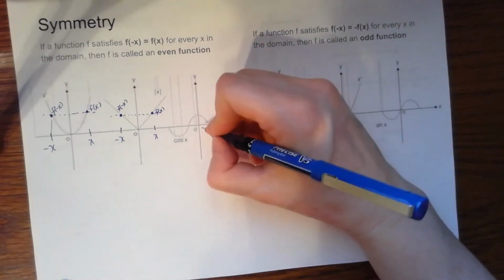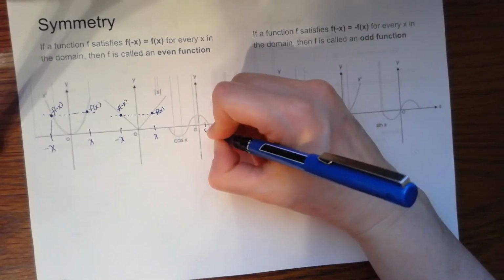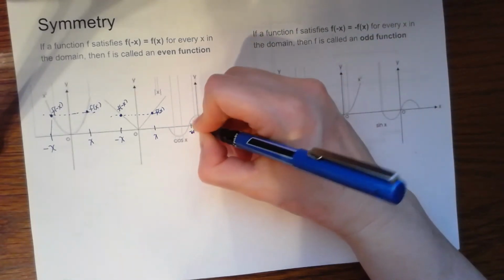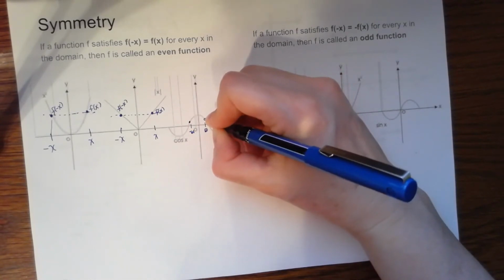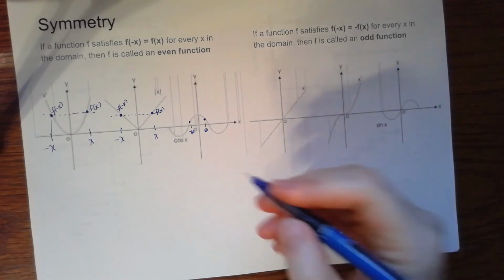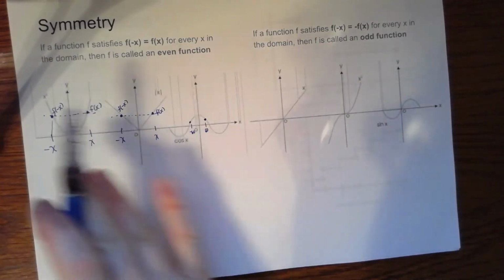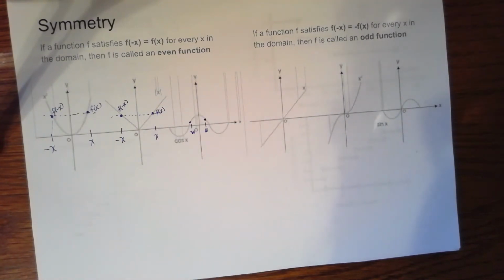Let's say I have the cosine of 60 degrees, and I go out to negative 60. Those two values are going to be exactly the same, right?